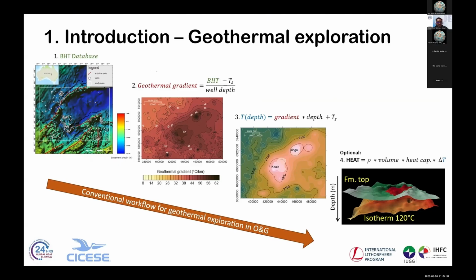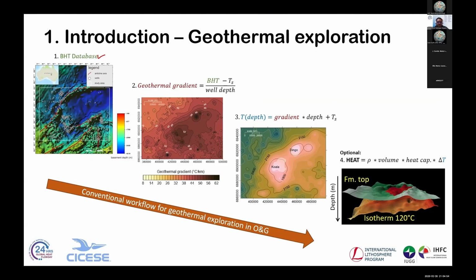I realized that it's really common to follow this workflow, especially in the oil and gas industry. The first thing to do is that we need some database, in this case, borehole temperature.